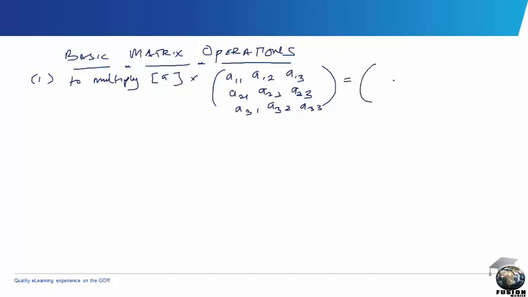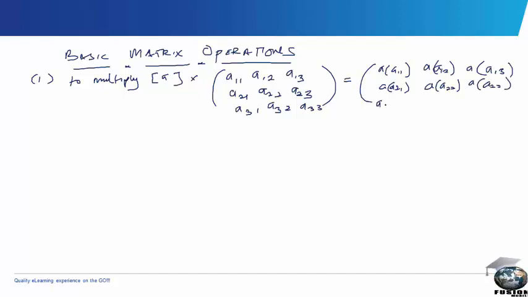This is equal to saying A times A11, A times A12, A times A13, A times A21, A times A22, A times A23, A times A31, A times A32, and A times A33.